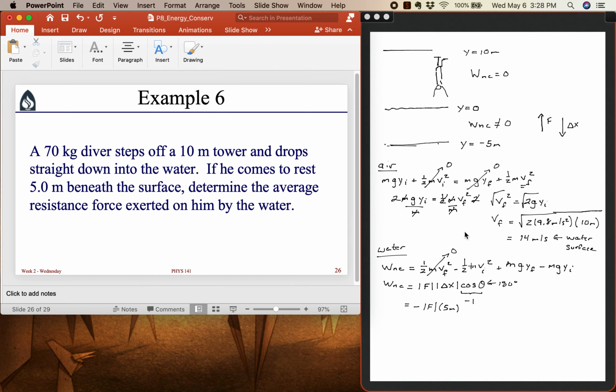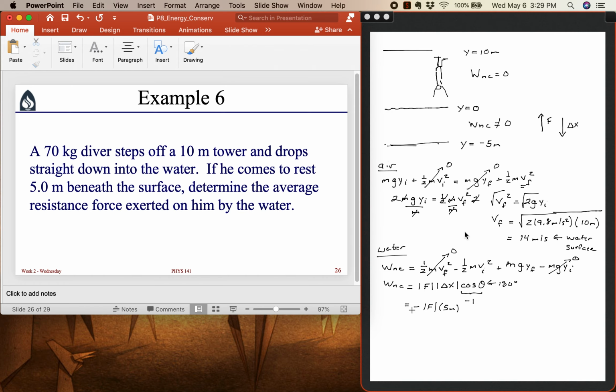So this term is not 0. The final potential energy, well, finally, the diver is going to be 5 meters below the surface of the water. And what about initially? Initially, the diver is at the surface of the water, and so y initial would be equal to 0. So this term also is going to be equal to 0.